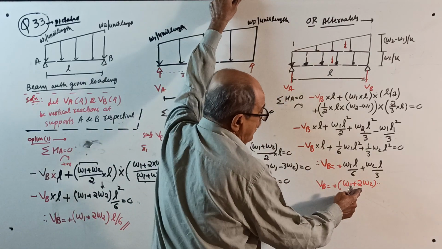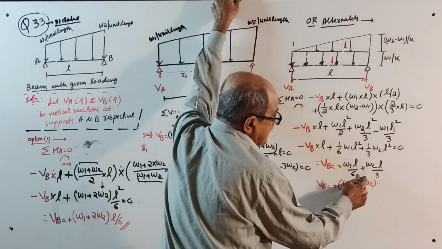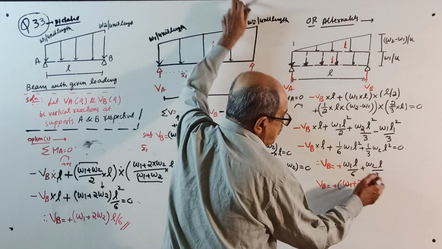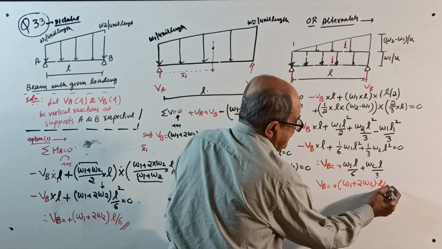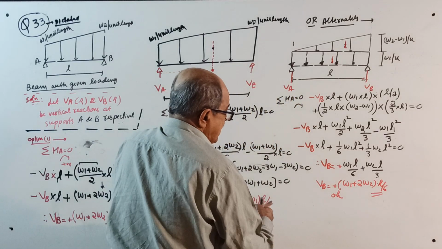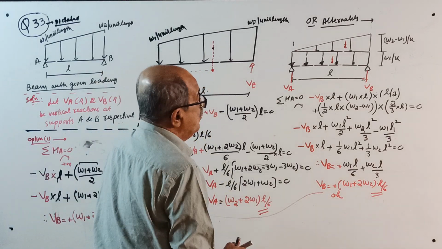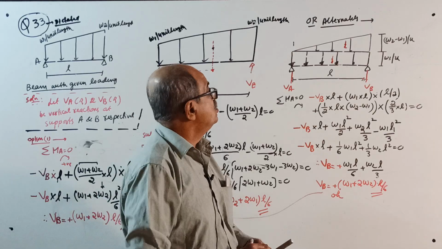Why 2W2? Because I am taking 6 as common denominator here. When I take 6 common denominator, W2 becomes 2W2 into L by 6. Same answer what you got here. Now, next part, you should do it.